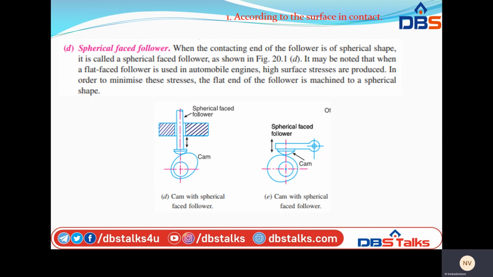It may be noted that when the flat follower is used in automobile engines, higher surface stresses are produced. Just now we thought about this. So in order to minimize these stresses, the flat end of the follower is modified to a spherical shape.